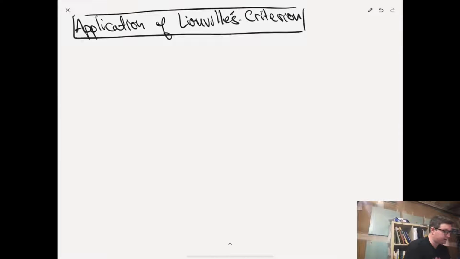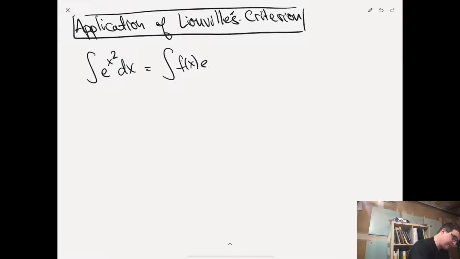Okay, so the example that we're doing is the integral of e to the x squared dx. And this is the integral of f of x e to the g of x dx. So f is 1, g of x is x squared.